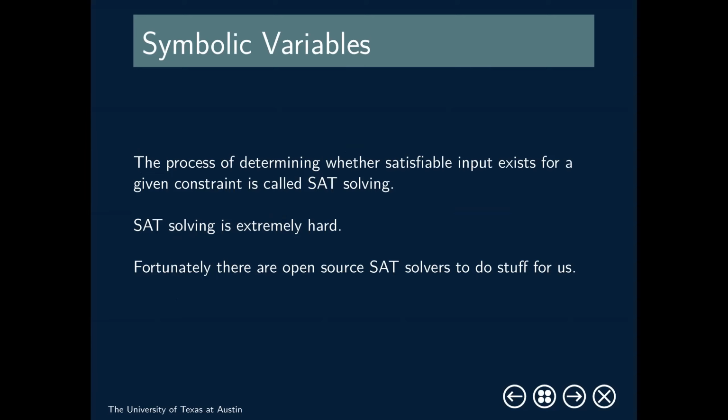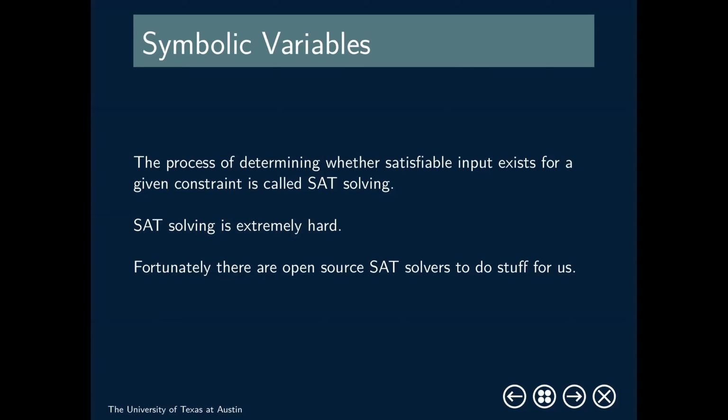So sat solving is an extremely hard problem. There's a lot of spooky math behind this. And I think if you're able to solve arbitrary equations, it implies P equals NP. So yeah, if you were able to solve sat solving, then you just proved P equals NP.